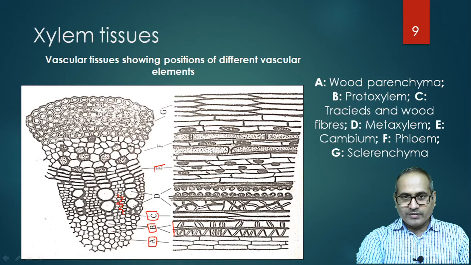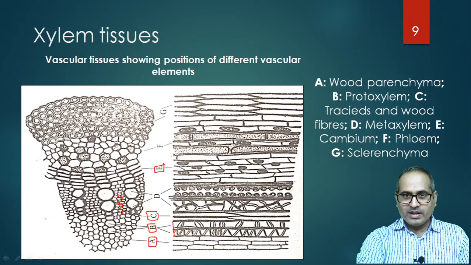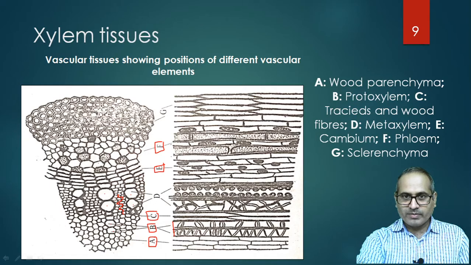Here E is the meristematic tissue. You will see that the cells are evenly arranged, like we studied earlier in meristematic cells. This is cambium. Then on the other side, F, you will see phloem tissue.